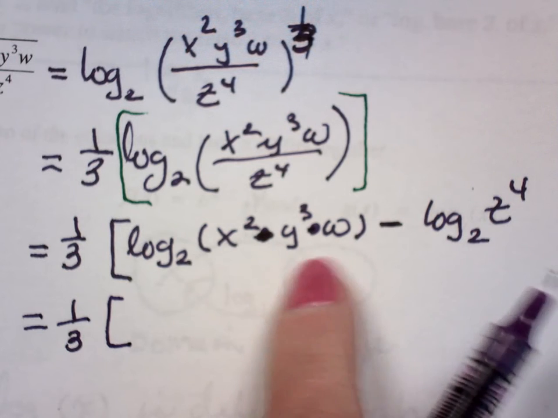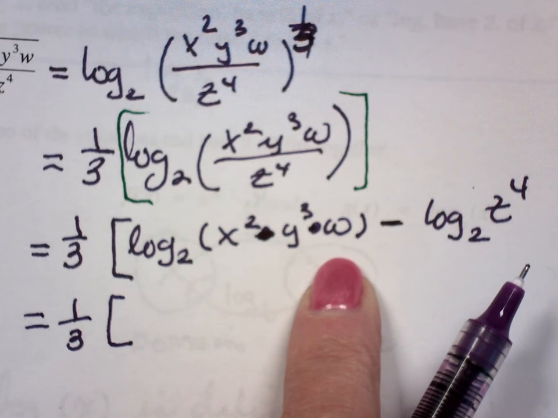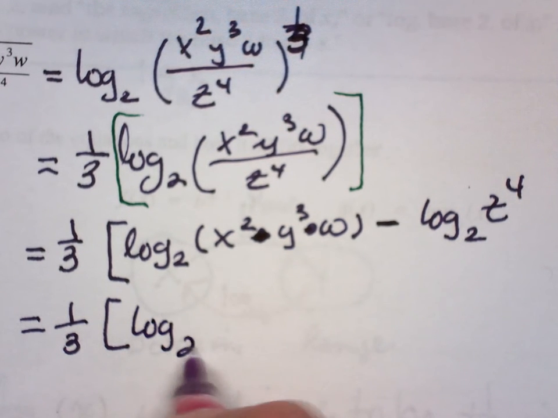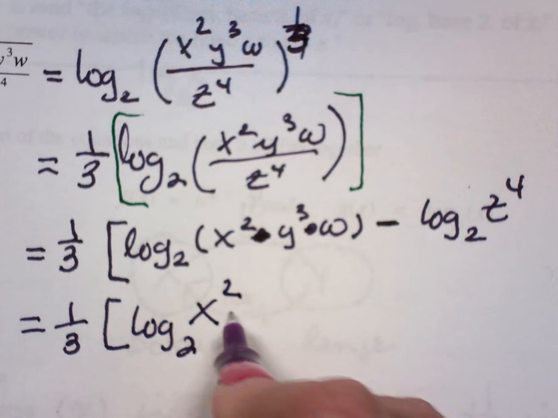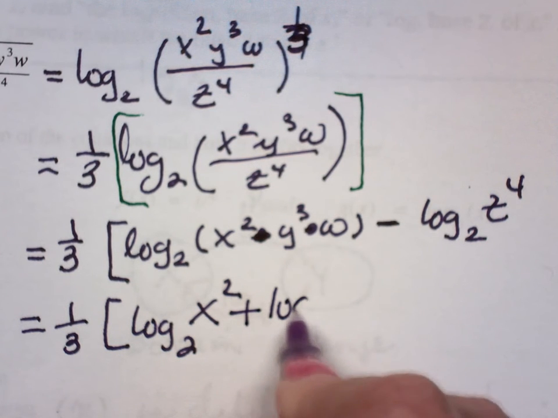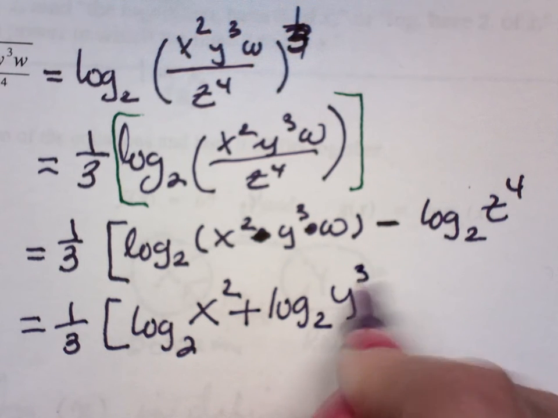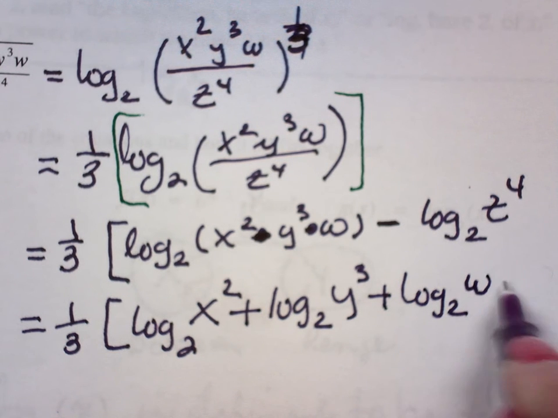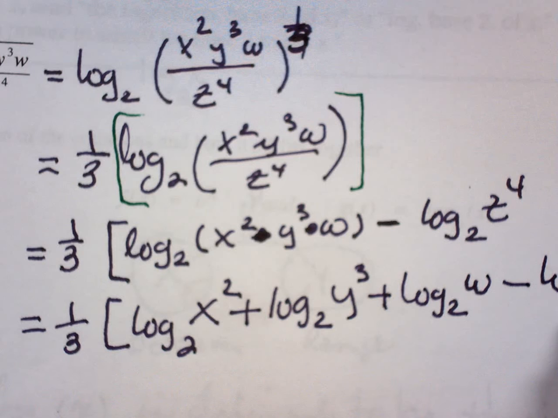And there are 3 of them, so there's going to be 3 additions. So it's going to be log base 2 of x squared plus log base 2 of y cubed plus log base 2 of w minus log base 2 of z to the 4th.